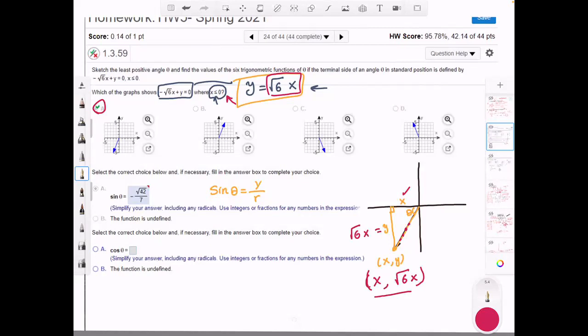If we use the Pythagorean theorem, we get x squared plus root 6x squared equal to r squared. This is x squared plus 6x squared equal to r squared.